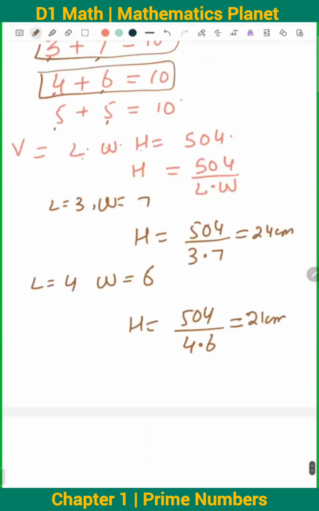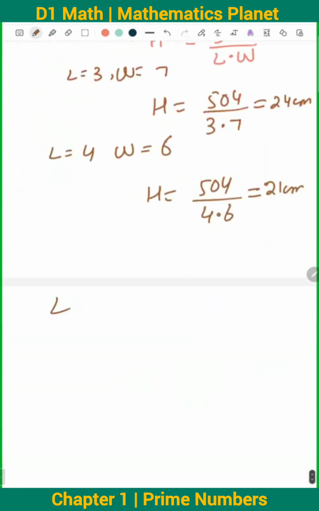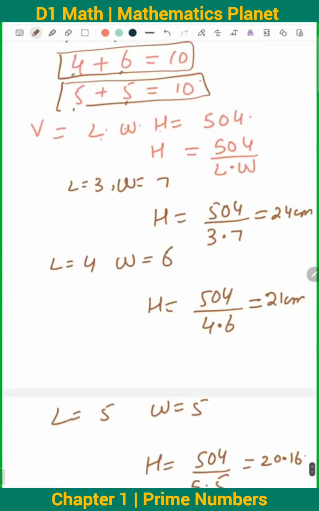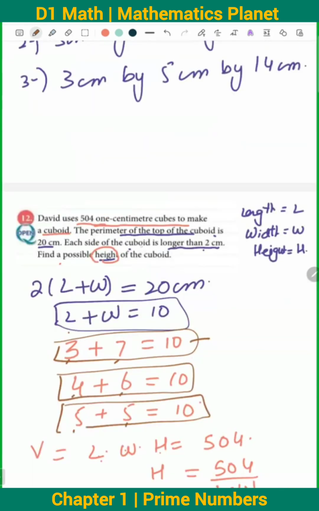The last option, 5 plus 5. If L is equal to 5 and W is equal to 5, height is equal to 504 divided by 5 times 5, which will be equal to 20.16. So 20.16 is not an integer. So what is the question saying? Find the possible height of the cuboid, and it should be an integer.